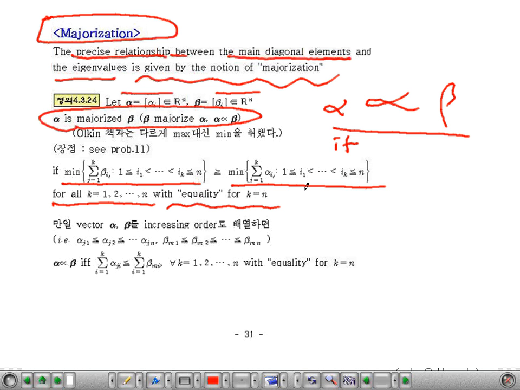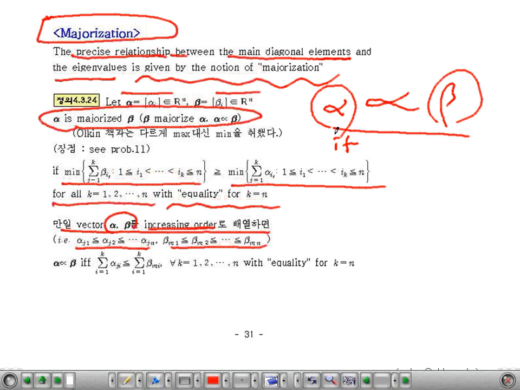If we order the vectors in increasing order, if we give an order on the eigenvalues and the diagonal entries, then we can find some kind of reordering like this. Then what this means is this.